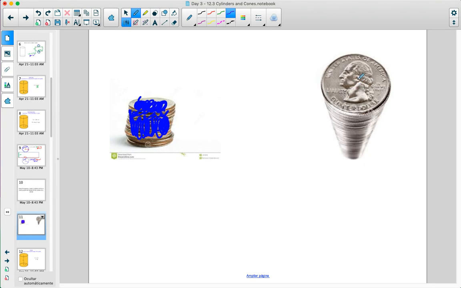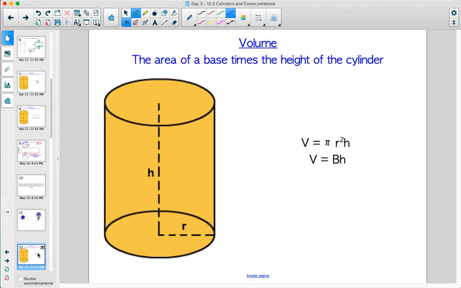So for the volume, we're going to take the area of one circle, and then add another congruent circle to it, and then another congruent circle all the way until you get to the bottom. But those circles are still the same. They're just stacked on top of each other. So that tells us what the volume of a cylinder is.